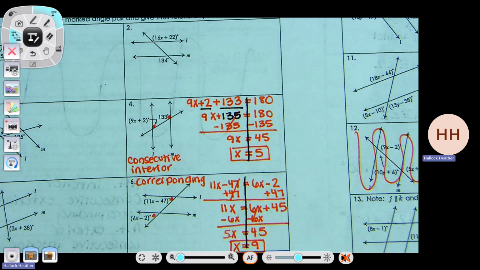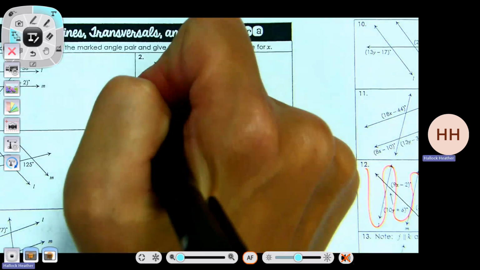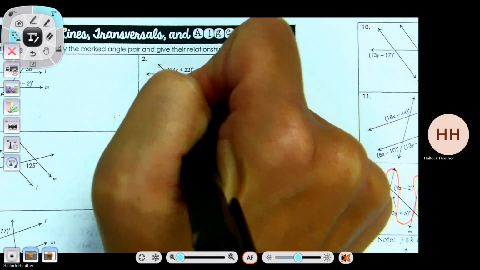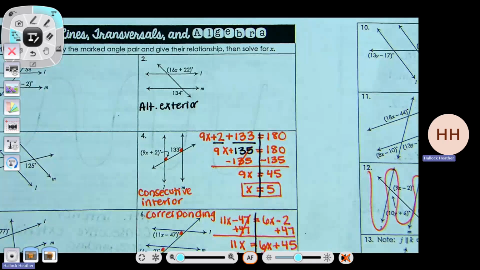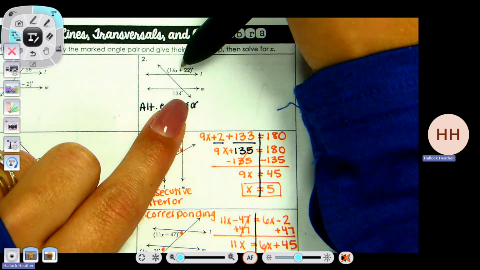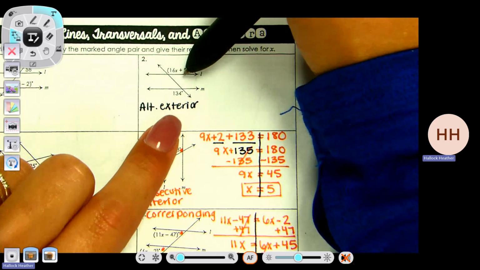Does anybody know the vocabulary word that goes with this? Alternate exterior. They're alternate exterior. They're on the outside of the parallel lines. They jump across the transversal. That's the alternate part.